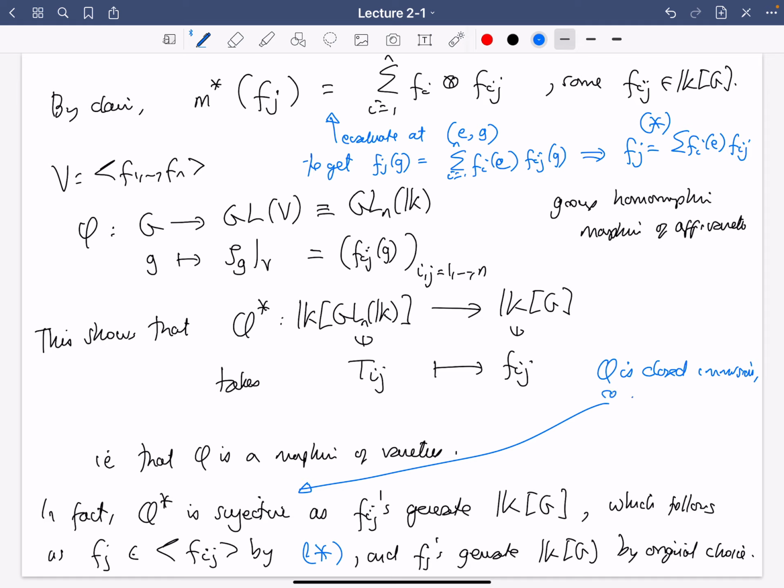So it's actually an isomorphism between G and its image, which is a closed subgroup of this GLn of k, this GL(V) here.